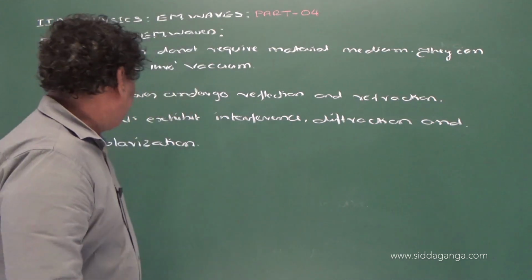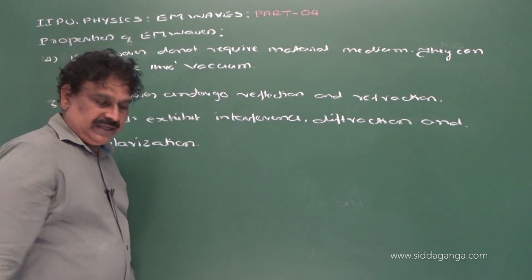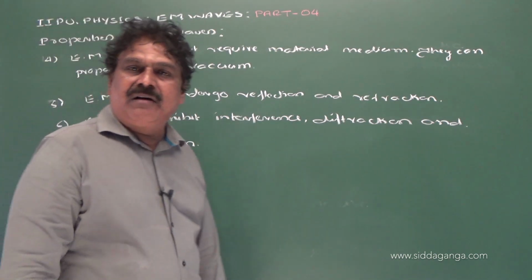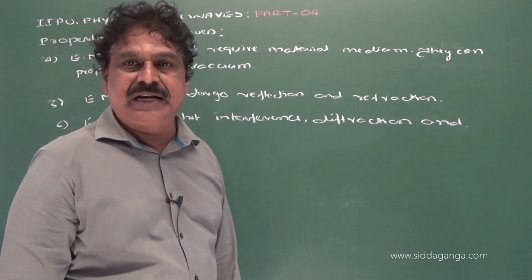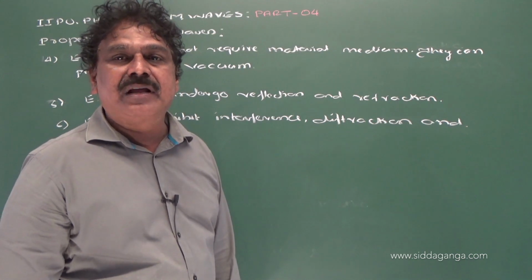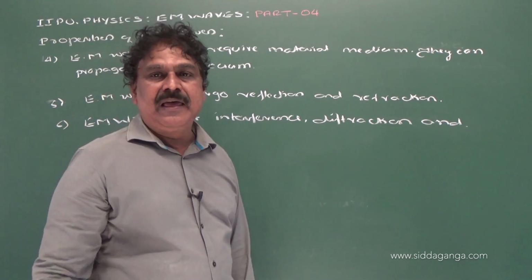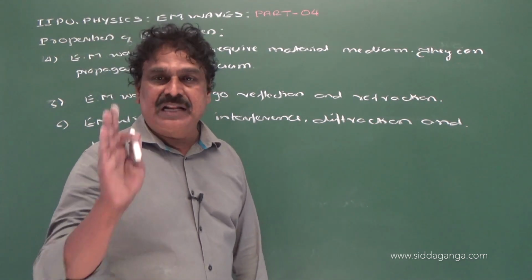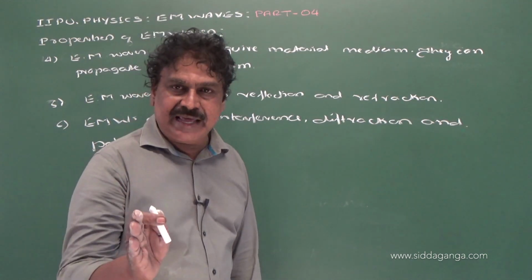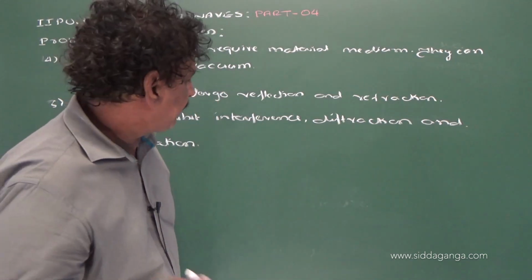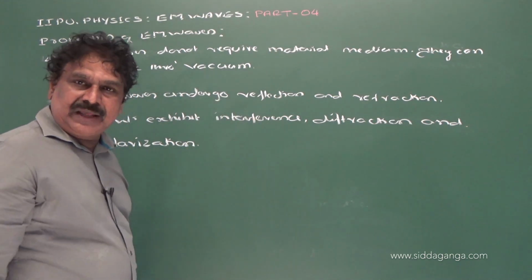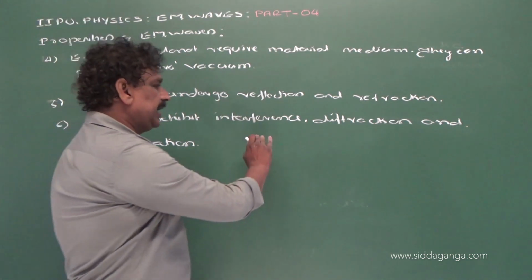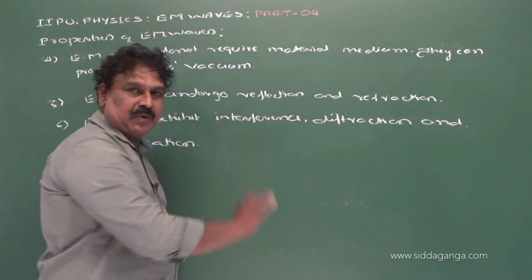And polarization is the property of an electromagnetic wave by virtue of which it can be one-sided. That means their vibration can be restricted to a single direction or a single plane. Now here, electromagnetic waves exhibit interference, diffraction and polarization.